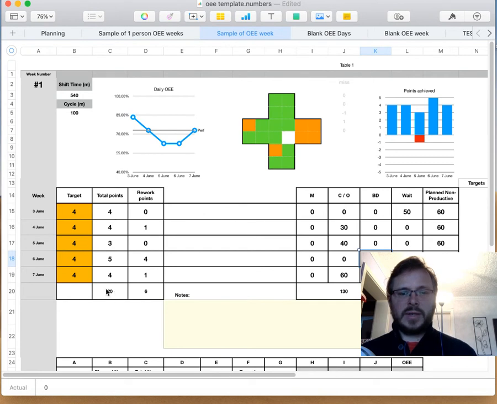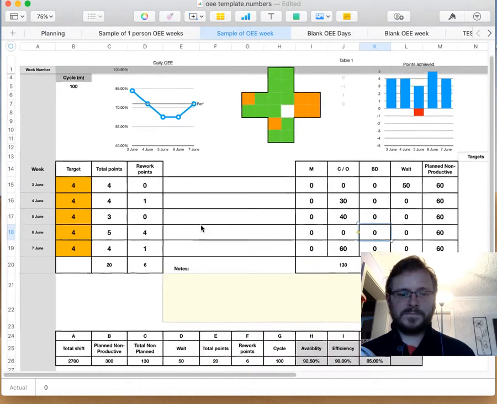We've got a total of 20 points worked from our 20 points of target, but 6 of those were rework points. So it's not quite as clean a target as we would like. There were 130 minutes of unplanned downtime, and also 50 minutes of waiting time, and the normal breaks time was observed all week, so 300 minutes there.